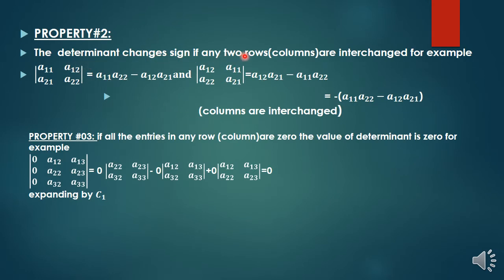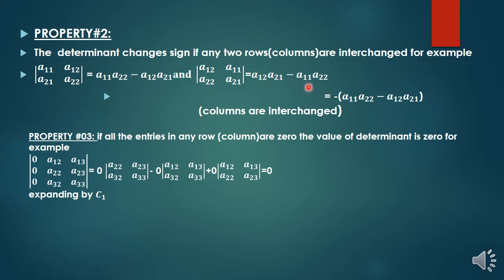Student, property number 2. Property number 2 is: the determinant changes sign if any two rows or columns are interchanged. For example, we have a general matrix of order 2 by 2, then we take the determinant like this, and if we have another general matrix of order 2 by 2 like this, then we take the determinant like this. And student, if we want to make both matrices the same, then we take minus common in this determinant, then it becomes like this.